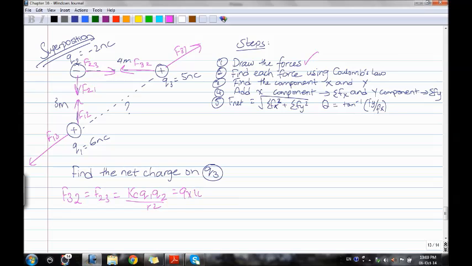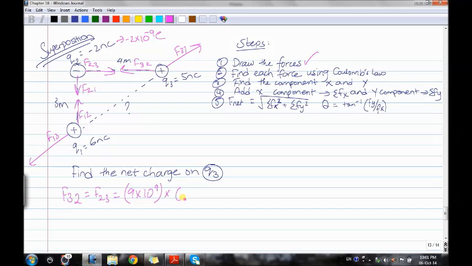So 9 times 10 to the power of 9 times, or you could just write it immediately, times Q2, which is negative 2 nanocoulombs, so it would be converted to negative 2 times 10 to the power of negative 9 coulombs.